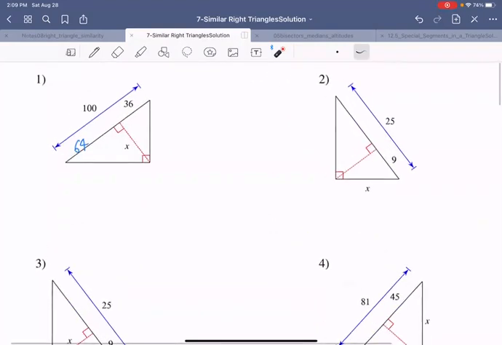So look here. Abby, what do you want to do for this question? X squared is equal to 36 times 64. Exactly. This guy squared is 36 times 64. Very good.